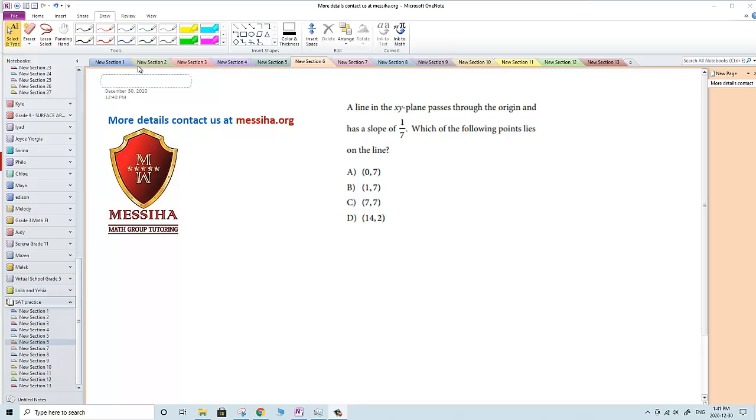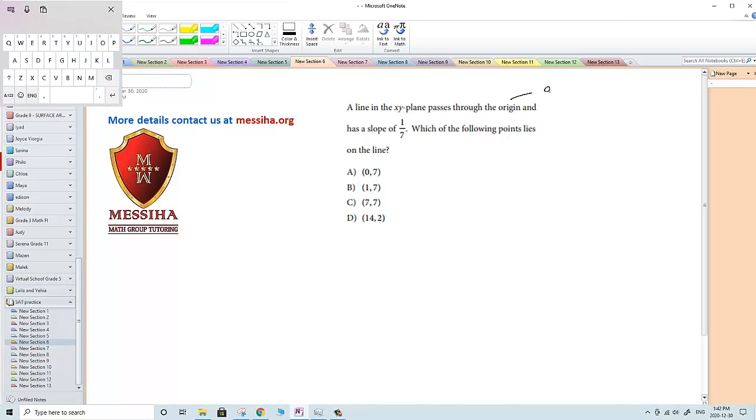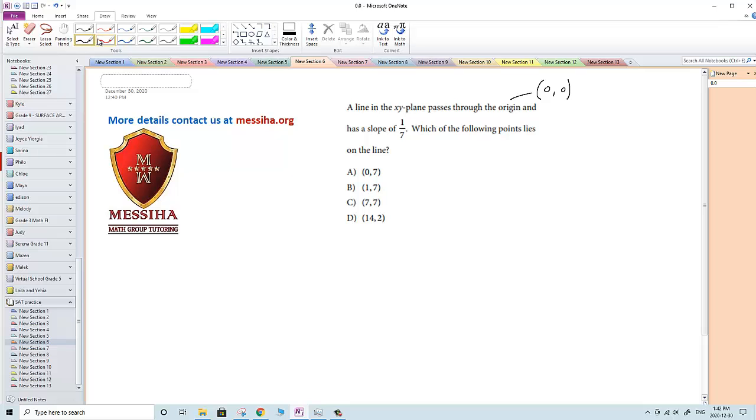Good morning, student. Another question saying a line in the xy plane passes through the origin. So, very important, origin here means it passes through the point (0, 0), and has a slope of 1 over 7.